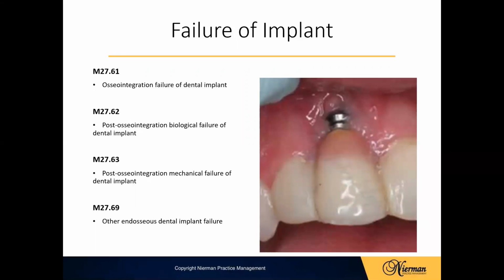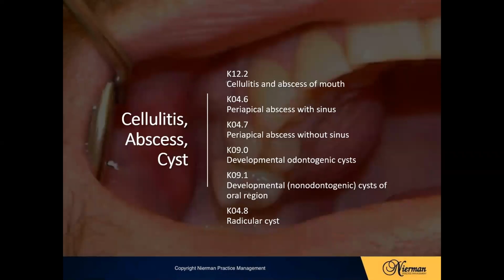Also, there's a diagnosis code for failure of implant. So whether it's osseointegration or biological failure, there's a code for that. Okay. Additionally, you saw in the policy at the start of this session, the cellulitis and abscess of mouth codes are very, very commonly paid.